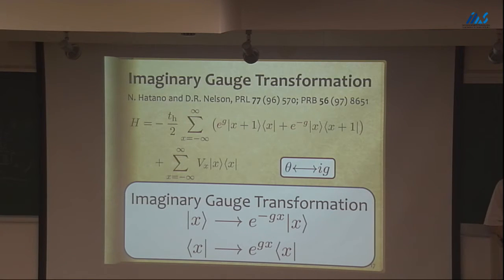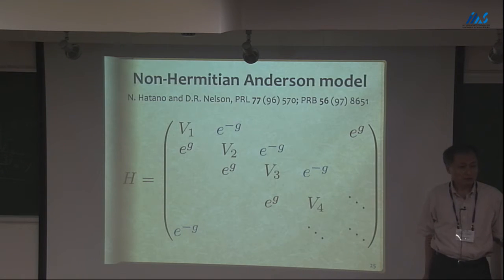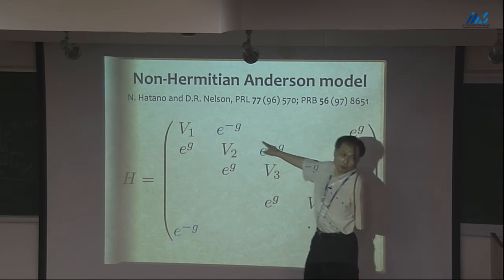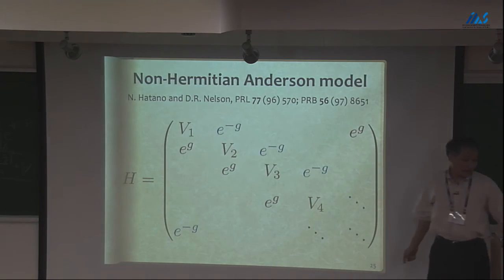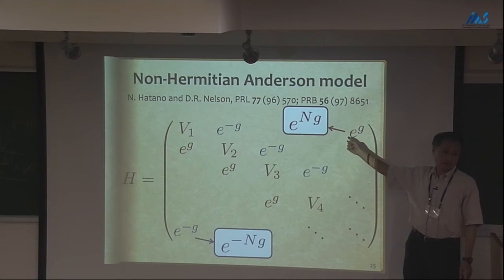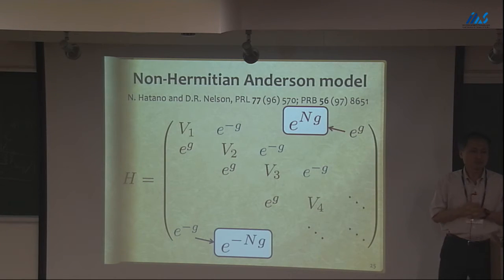And indeed, if I apply that similarity transformation, I can make this all 1, and I can make all this 1. But for a finite system on a ring, I have this factor that the gauge is concentrated on one bond, one link. So that's what happens.